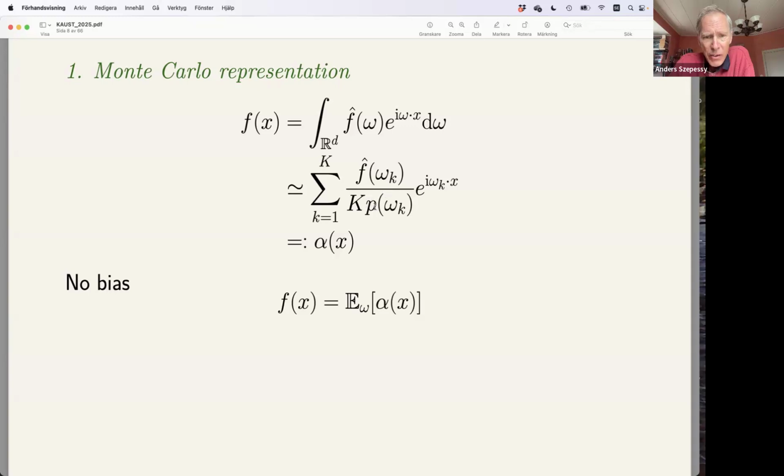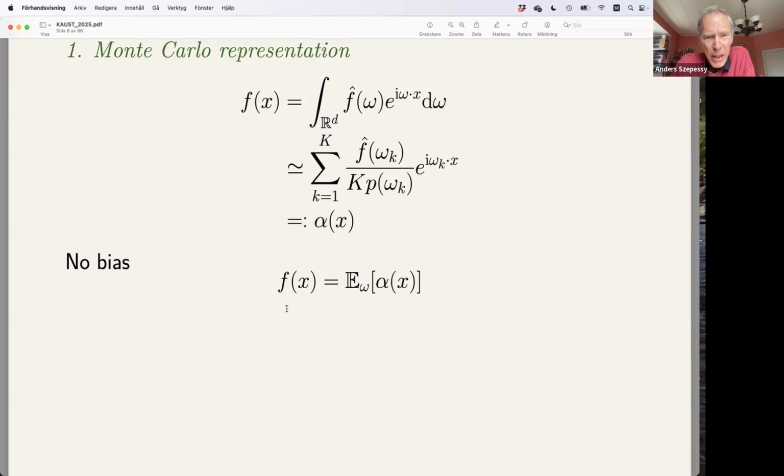And we denote this neural network by alpha. And note first that the expected value of the neural network is precisely the integral, so that there is no bias.